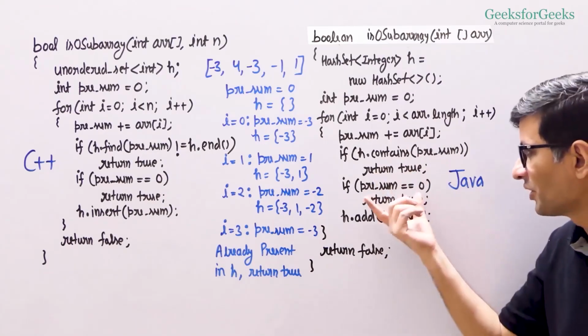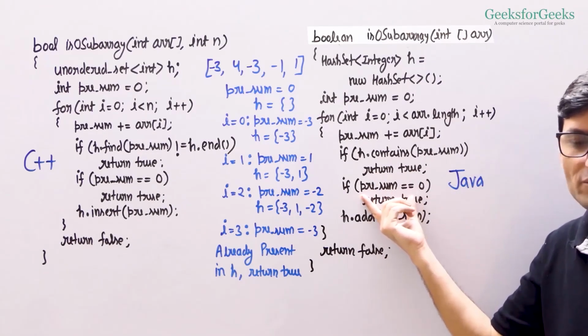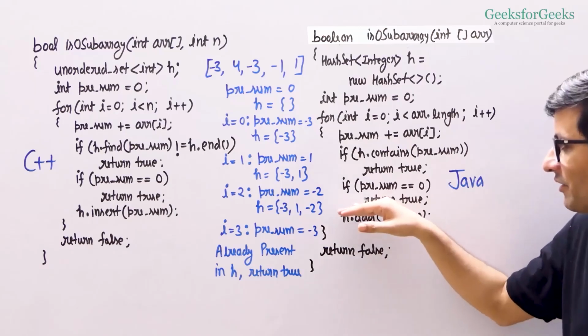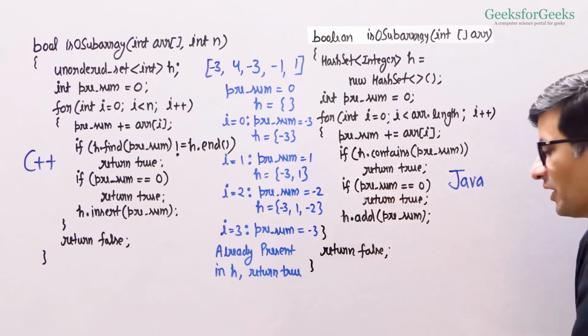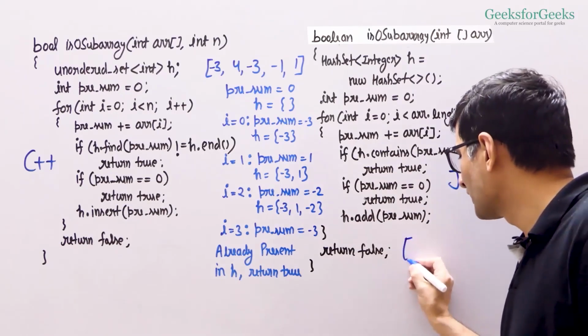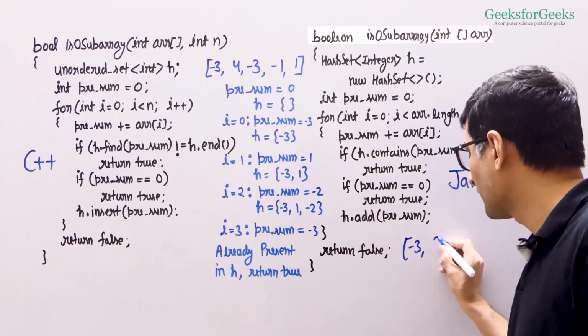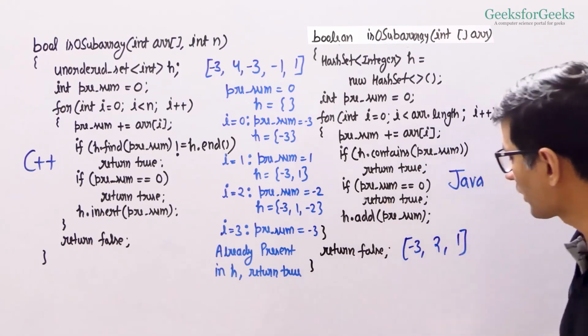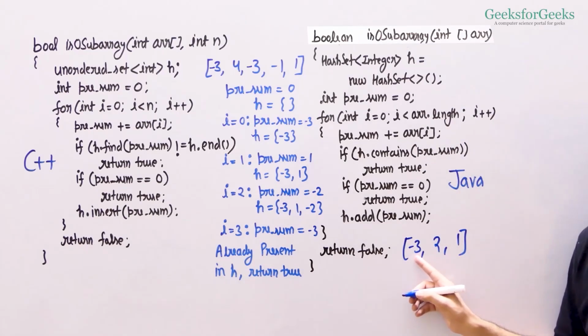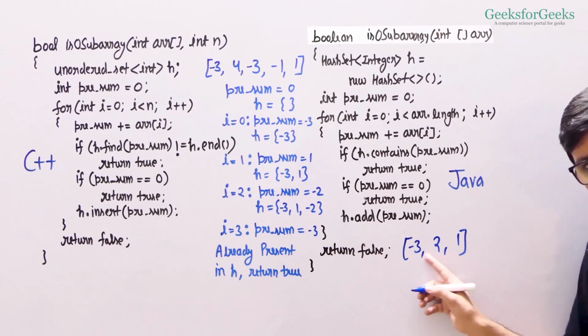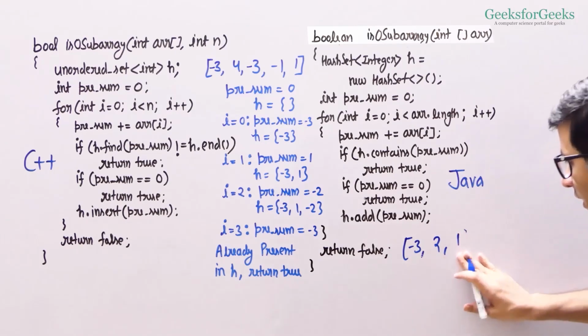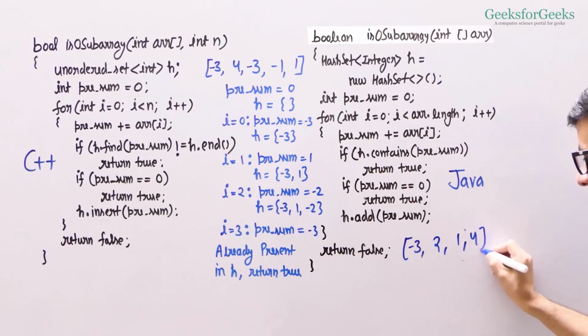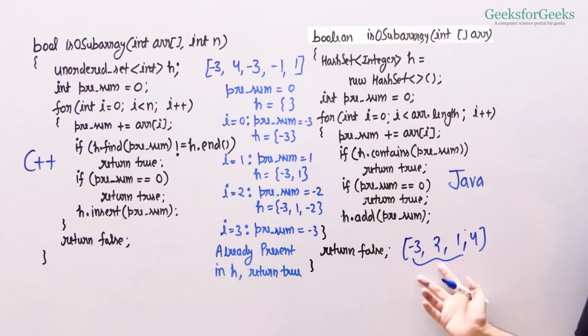Now here is something new, something interesting. Why are we checking for this condition explicitly? If prefix sum is 0, then return true. See, this is to handle cases like this. If you have an array like -3, 2, 1, then you will have a subarray with sum 0, the whole array. In fact, even if you have one more element after it, 4, then this subarray is 0 sum.